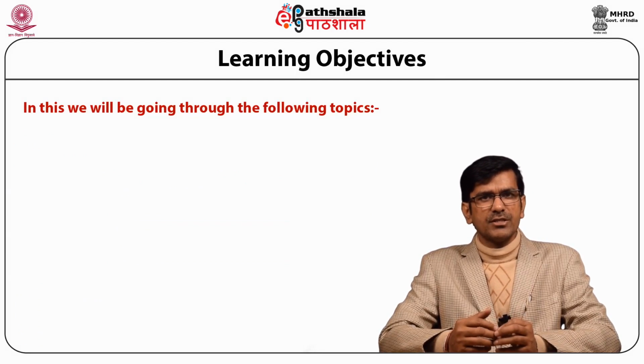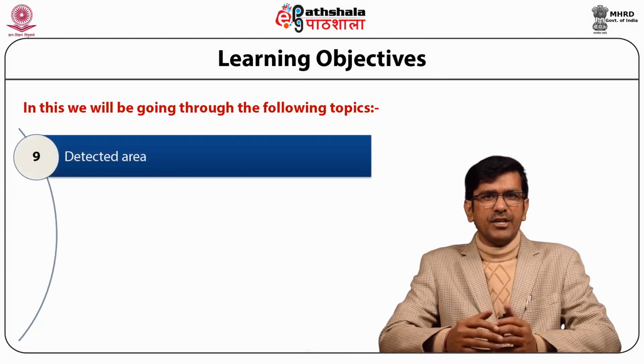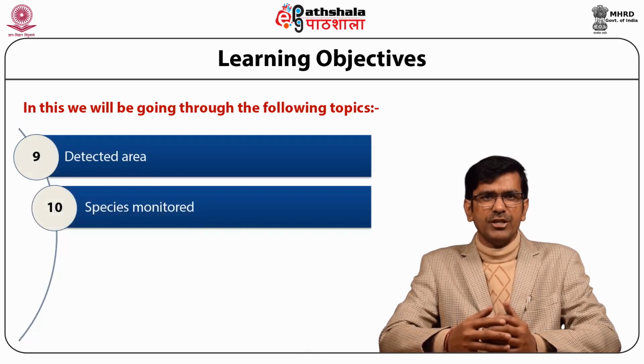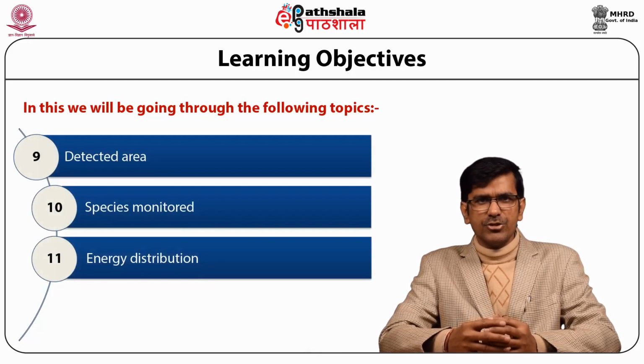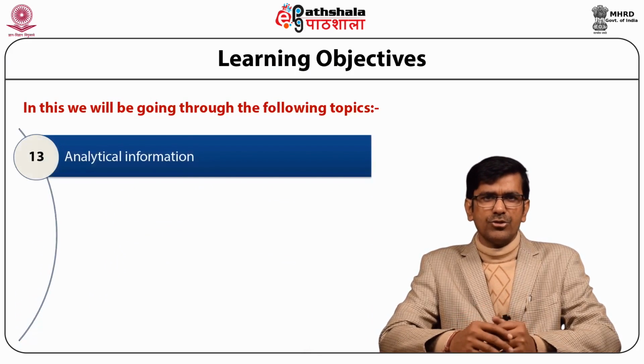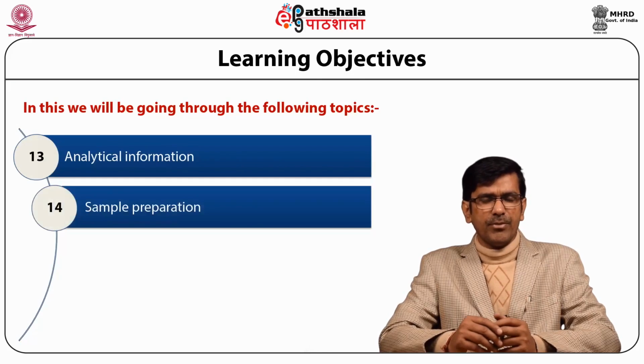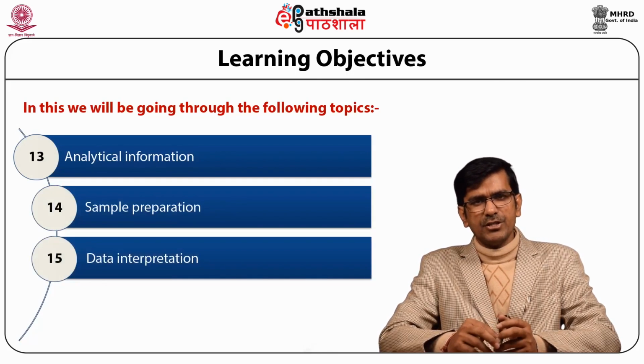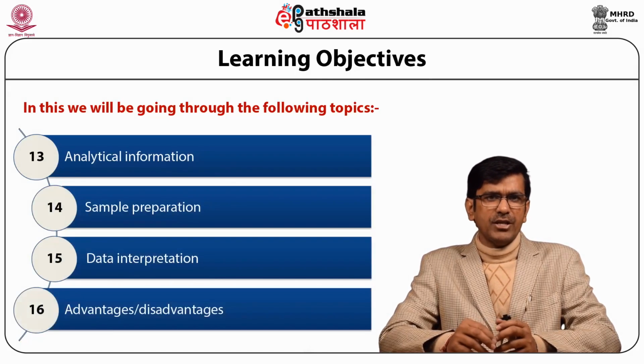We will also discuss the detected area, species monitored in SIMS experiment, energy distribution, the insulator effect, analytical information through SIMS experiment, sample preparation, data interpretation, and finally the advantages and disadvantages of the SIMS.